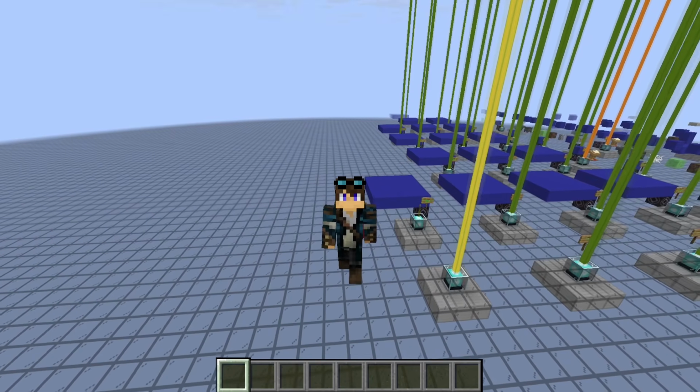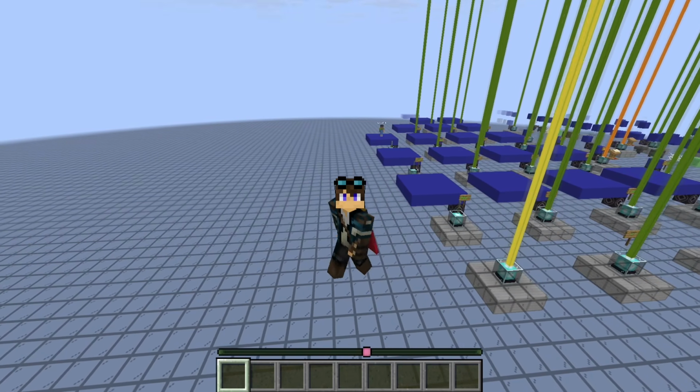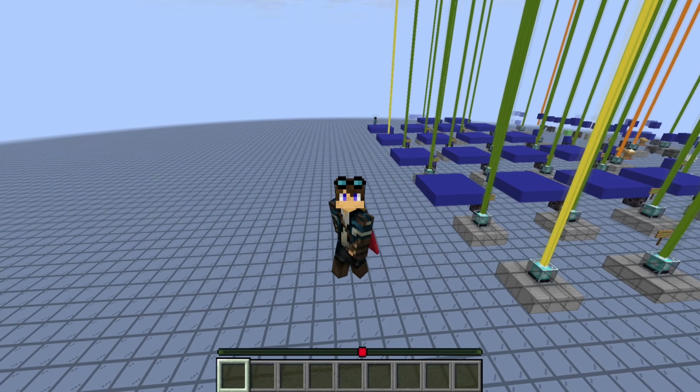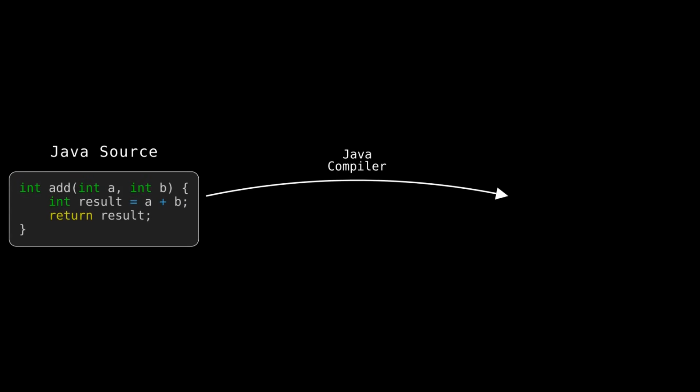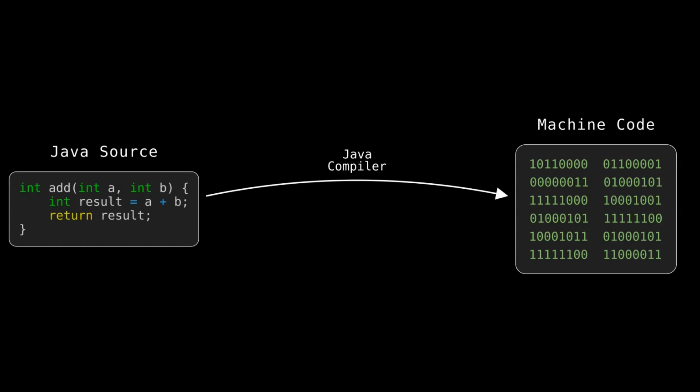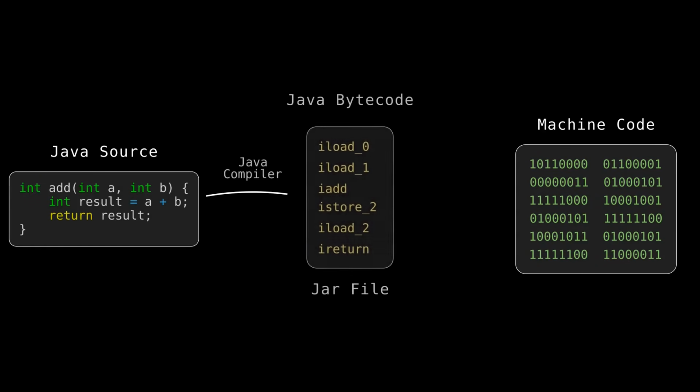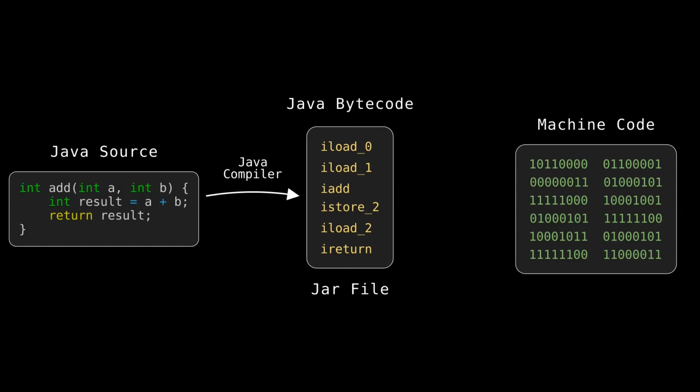So instead of relying on a traditional mod loader, we'll use another approach, bytecode manipulation. When you compile some Java code, it's not directly compiled into binary that can be executed by your computer. Instead, it is compiled into what we call an intermediate representation, Java bytecode.